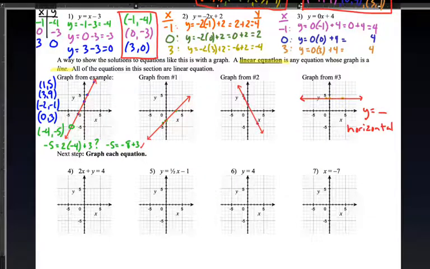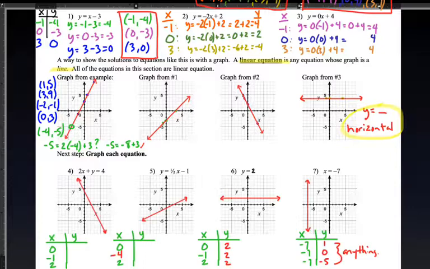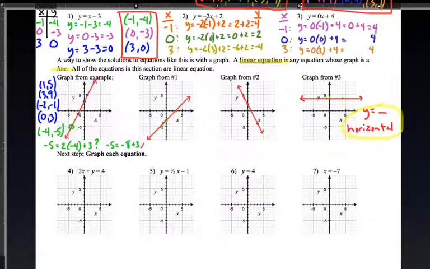So here's what I'd like for you to do. For 4, 5, 6, and 7, what you're going to do is come up with some values for x. I just made those up. You can use the ones I made, or be a little bit creative and use your own.